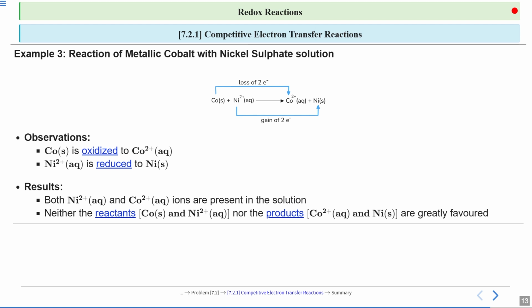So what we can understand from these 3 examples that we have studied till now is that there is a competition for the release of electrons. A particular species would release the electrons and then those electrons would be gained by another one. This competition for release of electrons reminds us of the competition for the release of protons among acids.